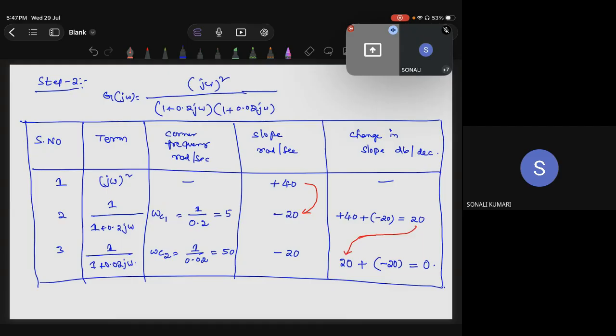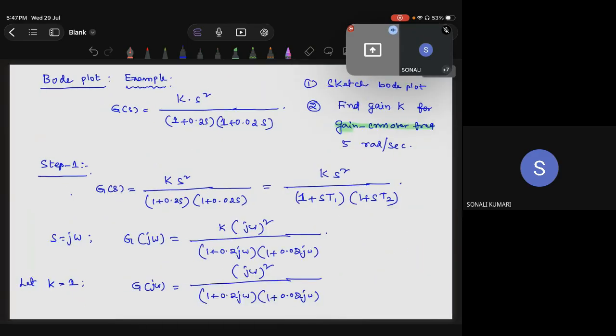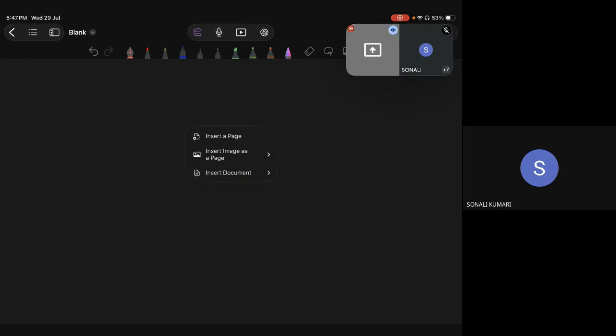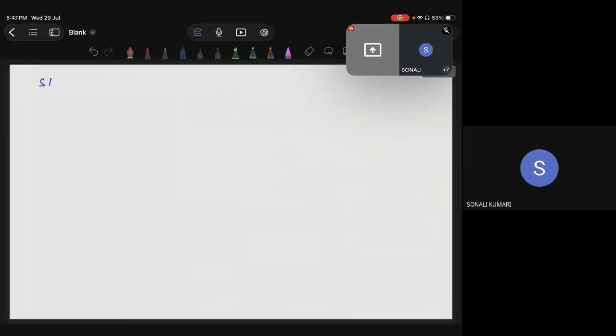Okay, this is step 2. Step 1 is to replace s with j omega, K is equal to 1. Step 2 is to find from this table what the corner frequencies are, what slopes they are offering, and then the change in the slopes. Next, step 3. In step 3, how many frequencies do we have?